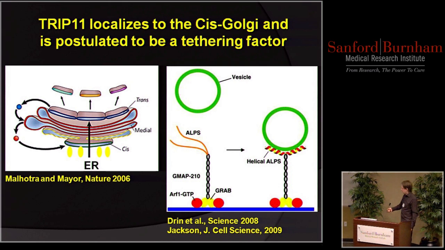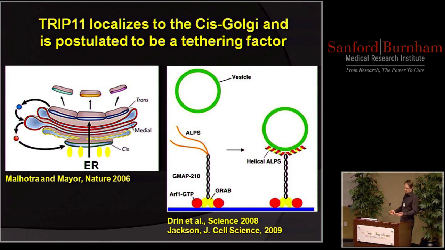So the protein would dimerize, and with its C-terminal GRAB domain, with the aid of a few other proteins such as ARF1, it would bind to the membrane of the Golgi. And then the central region, which contains lots of coiled coil, would form a rod-like structure, which would protrude into the cytoplasm. And then with its N-terminal region, which contains an amphipathic lipid packing sensor, it would be able to recognize curved vesicles.